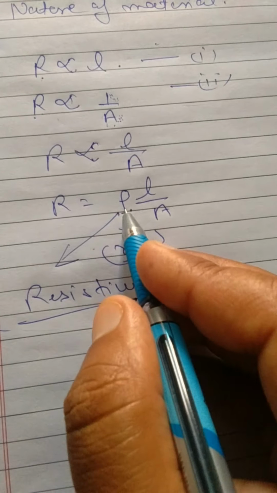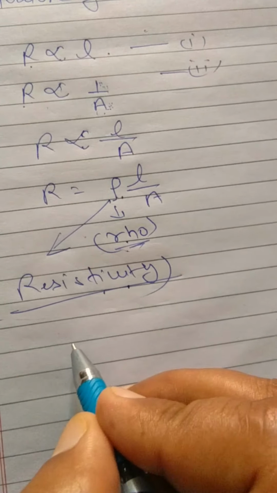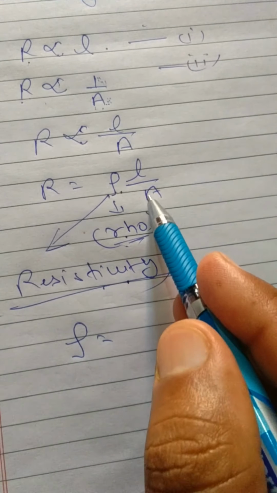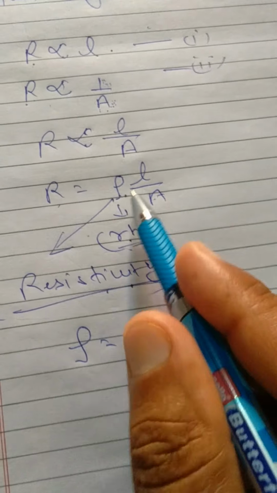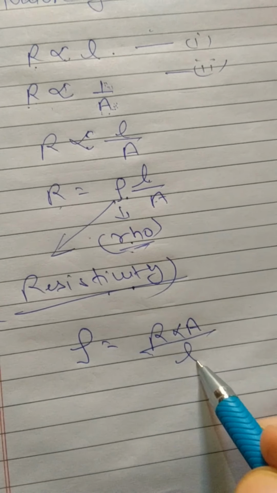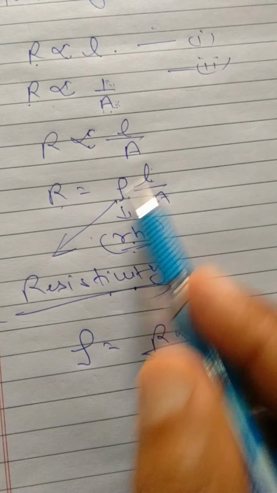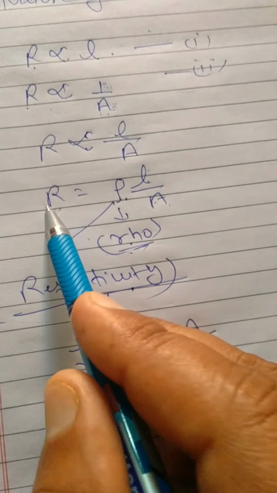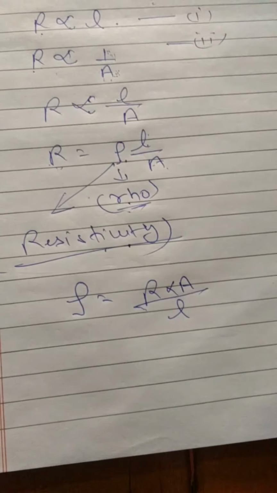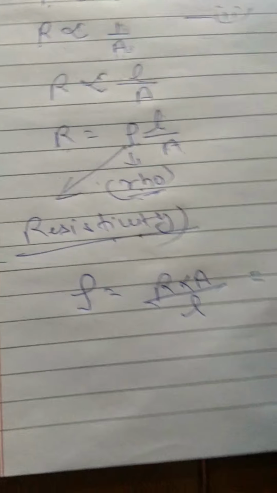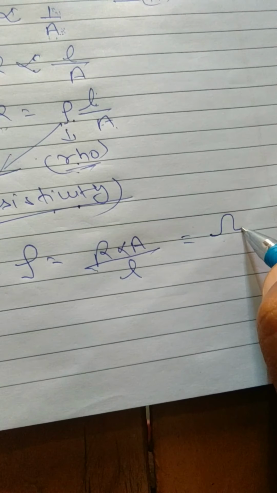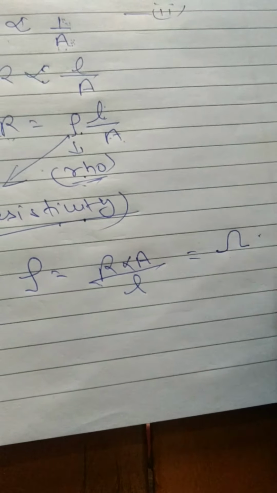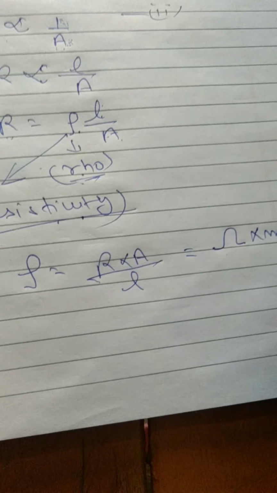So here we will find the SI unit of resistivity from this expression, cross multiplying: rho is equal to R into A upon L. Because L is on the upside, it goes down, and A is here, cross multiplying. So the SI unit of resistance is ohm. What is the area of cross section? Area is length and breadth, that is meter into meter.